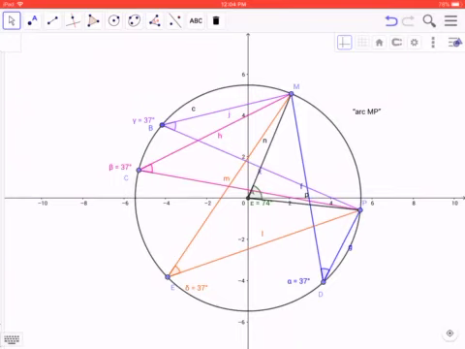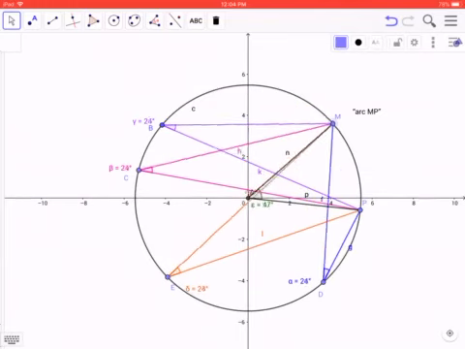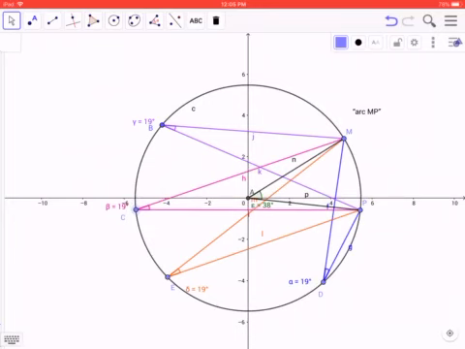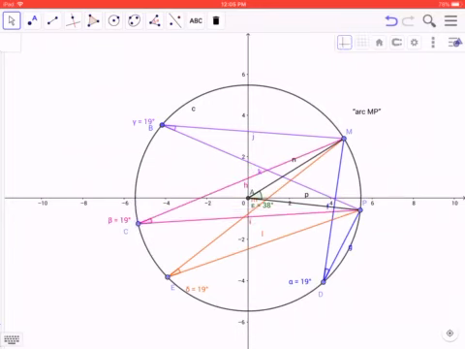So every time I move one of these arc endpoints, the central angle changes, all 4 of the inscribed angles change, but what doesn't change is the relationship between their measurements. The central angle is always twice as big as the inscribed angle that subtends the same arc. Very, very useful concept about the angles in a circle.